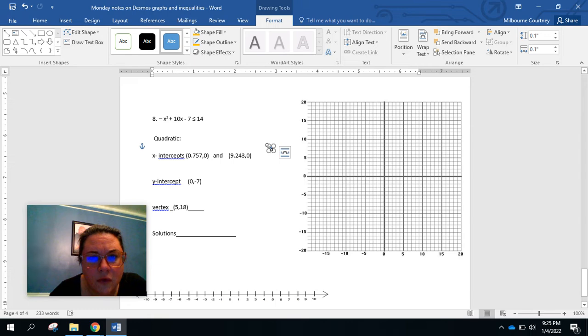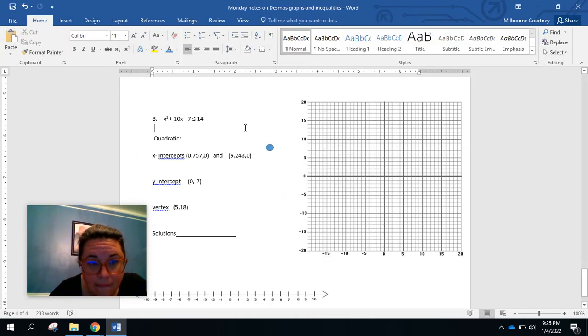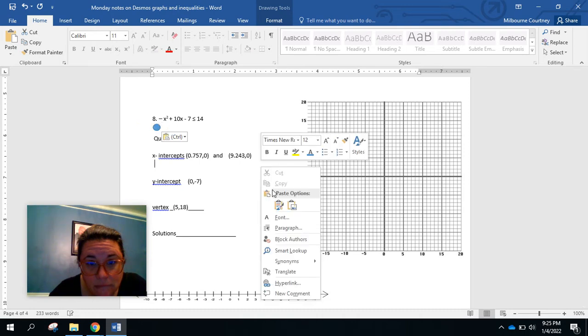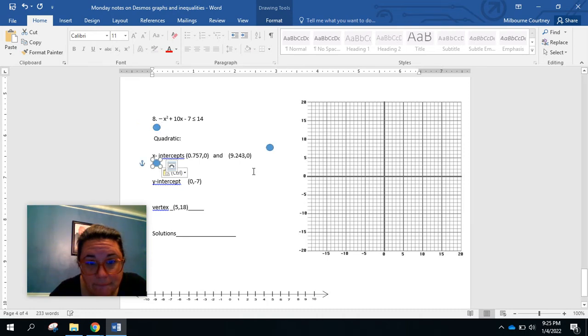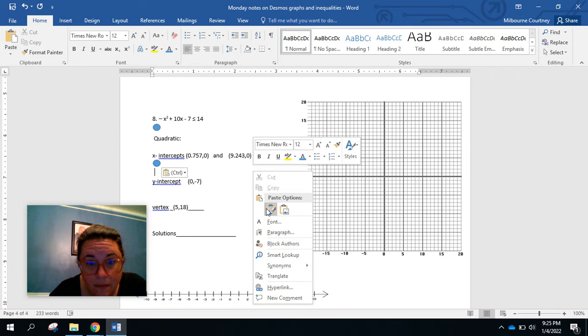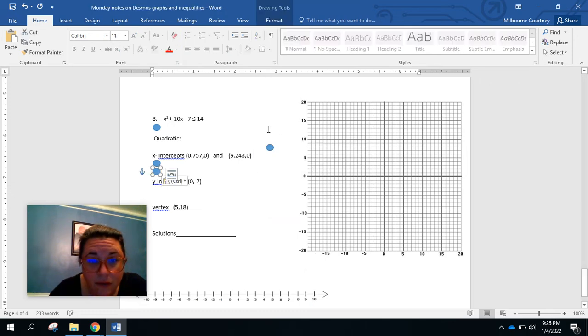Oh, it's too small to move. All right, hold on. I gotta get it. Teensy bit. There we go. I'll just copy paste them this way, and then I'll shrink them. Paste. Paste. Paste.